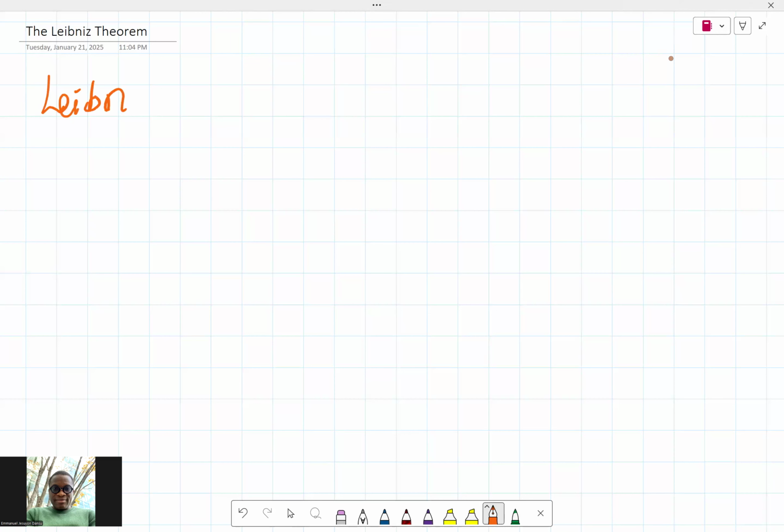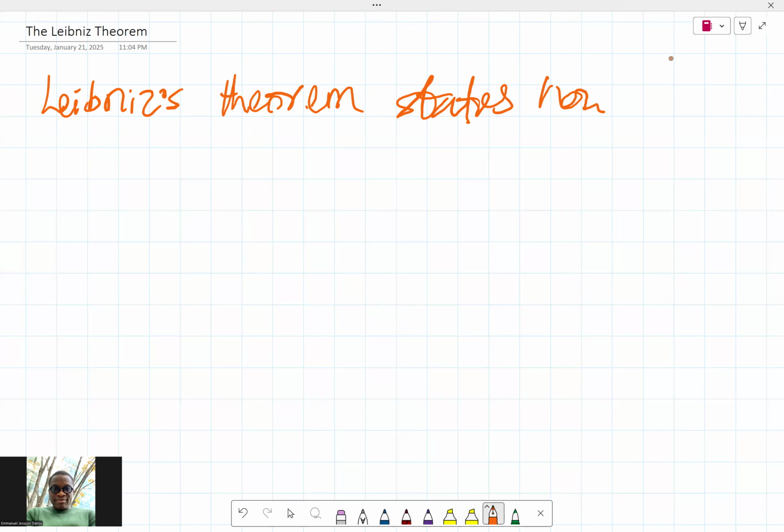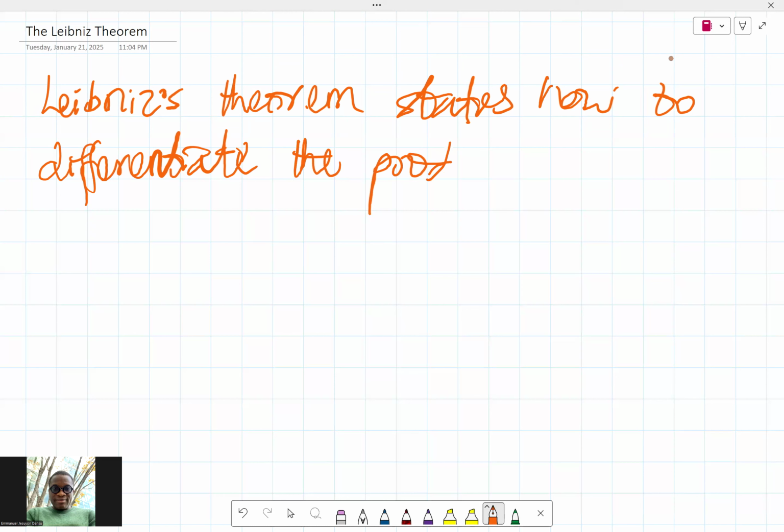Leibniz theorem states how to differentiate the product of two functions.